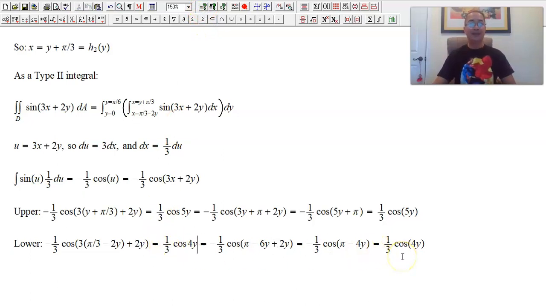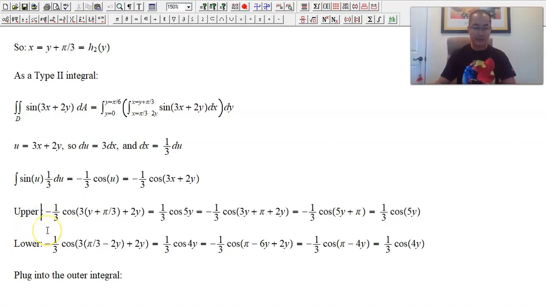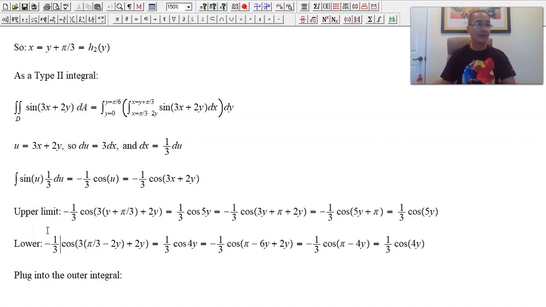Okay, so far, so good. All right. So now we subtract them. Kept the sign. So plug into the outer integral. Maybe I should put upper limit here and lower limit.